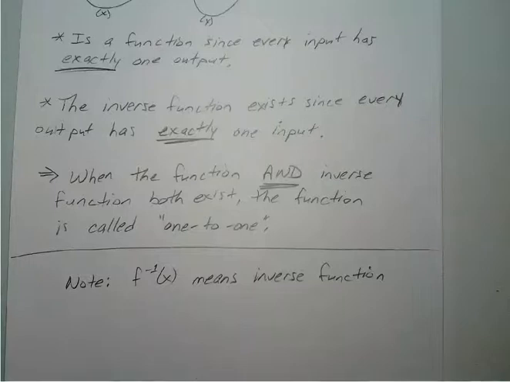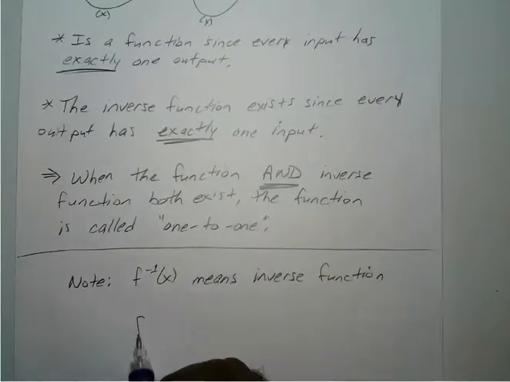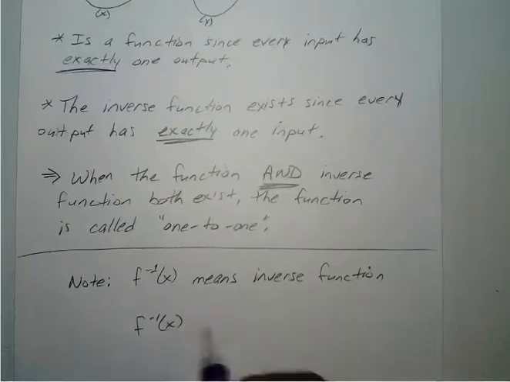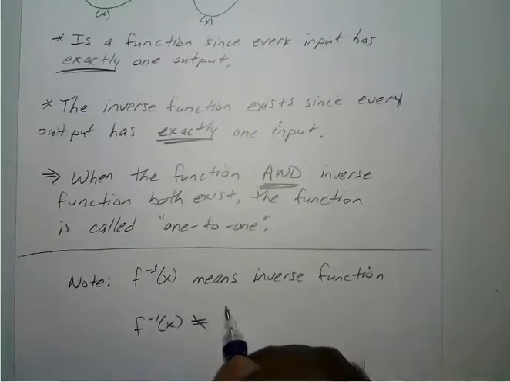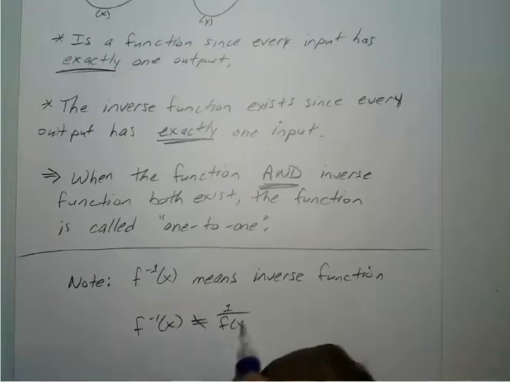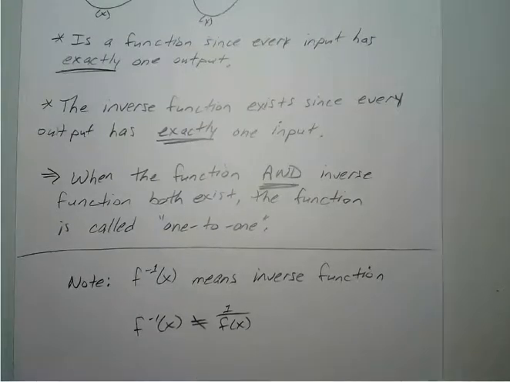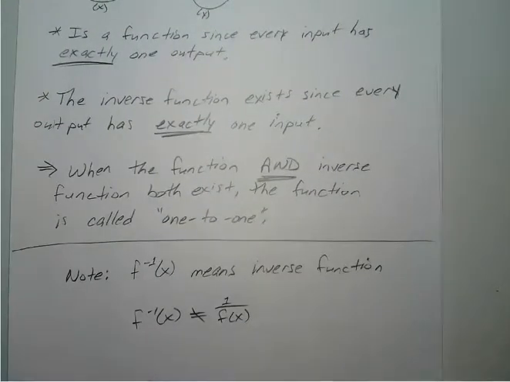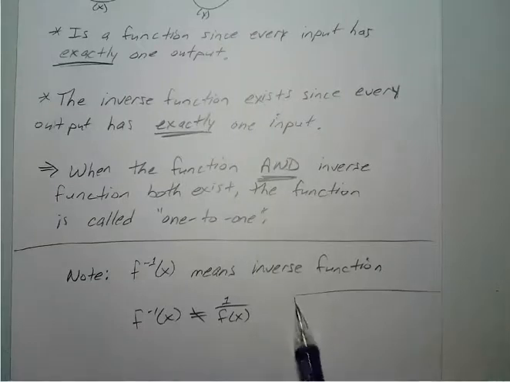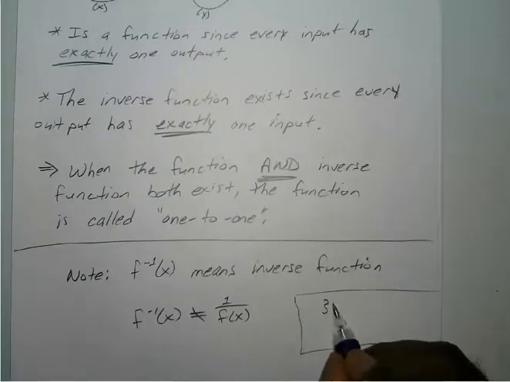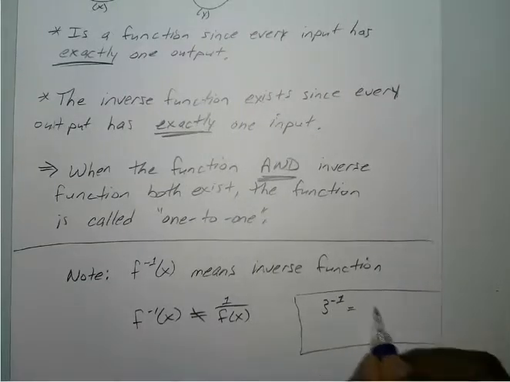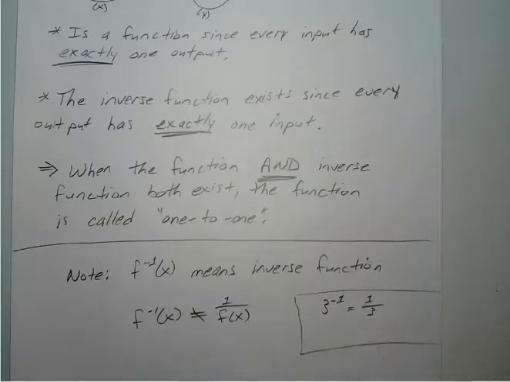So you won't treat it as an exponent. So f inverse of x does not equal 1 over f of x. Similarly, if we had 3 to the -1 power, that would be 1/3. These are not the same.